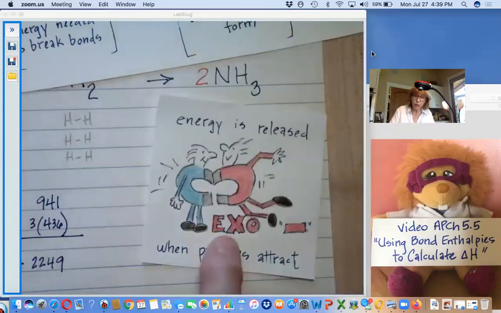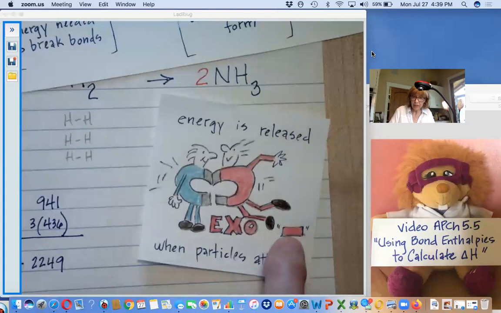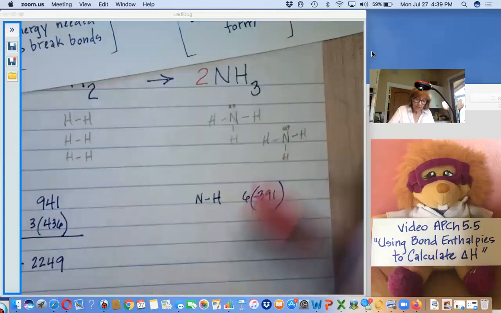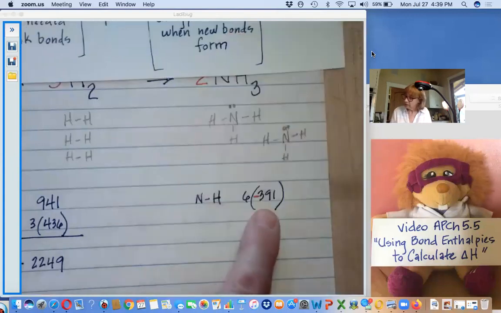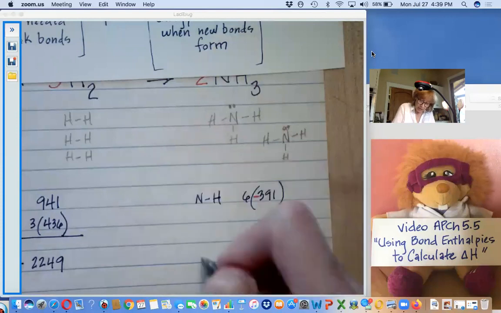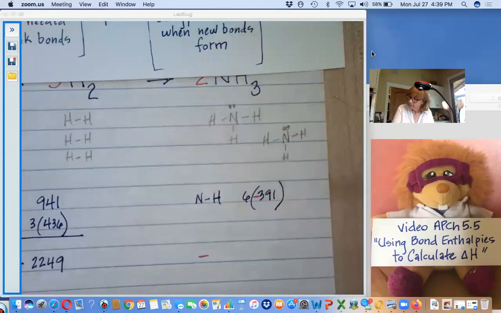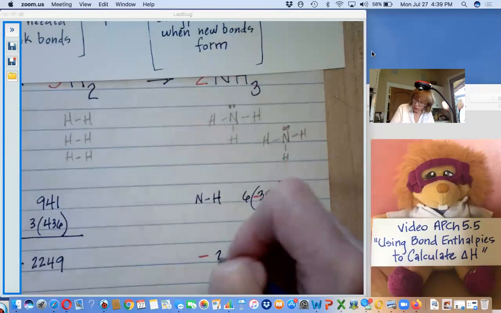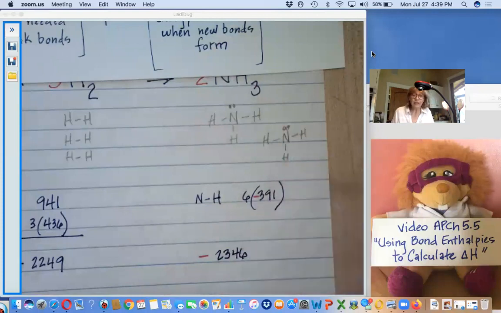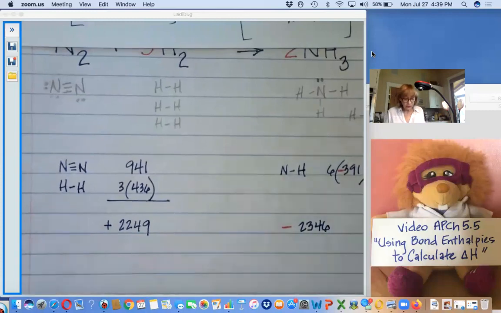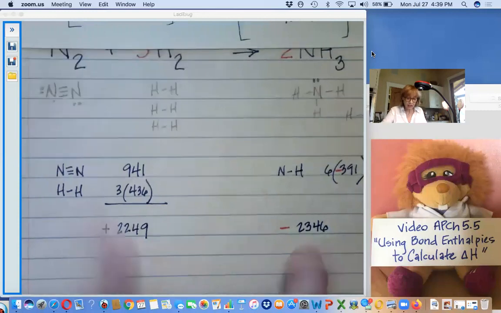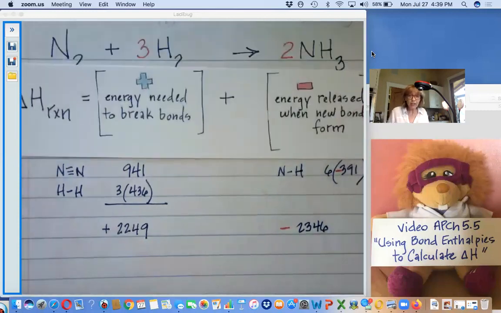That's an exothermic process with a negative value. So 6 times negative 391 is negative 2,346.